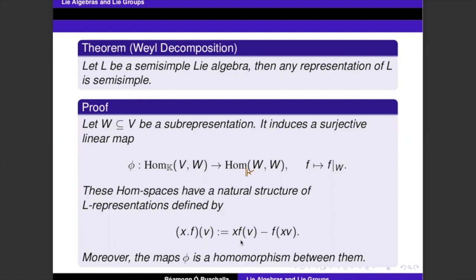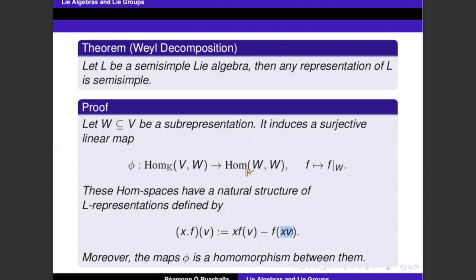What does it do? Well, here, this multiplication: F applied to v is an element of W. Any element of W can be acted upon by an element of the Lie algebra L because it's a representation, so X acting on F(v) makes sense. On the other side, we could instead have multiplied beforehand.